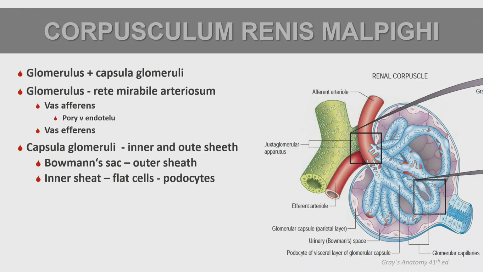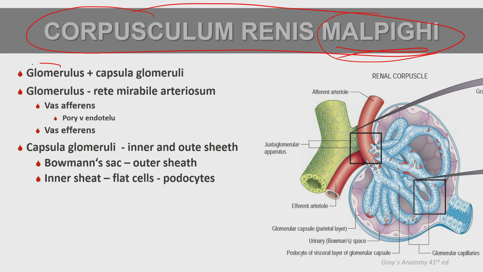It's an ultrafiltrate of the blood. Corpusculum renis Malpighi, you can see that. Malpighi, an Italian physician, has too many names in anatomy and physiology and everywhere.